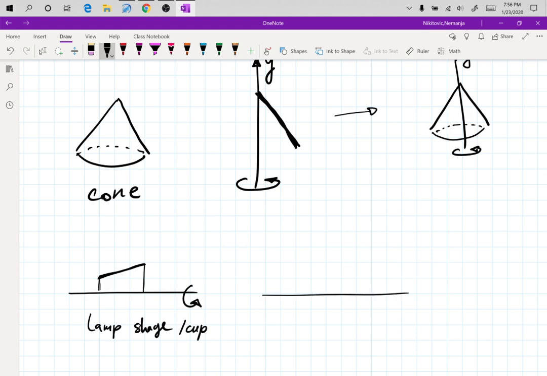How about this one? Baseball bat, nice. Yeah, rotate that one around, and you got your baseball bat.